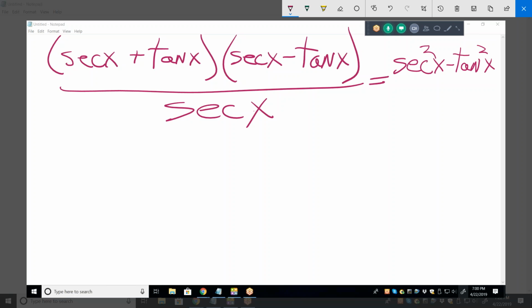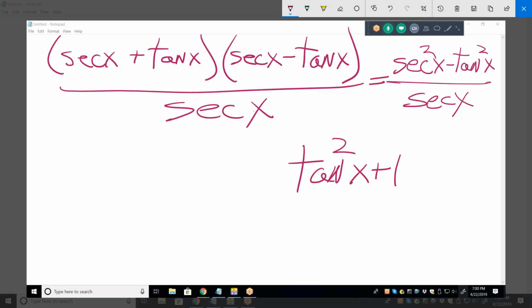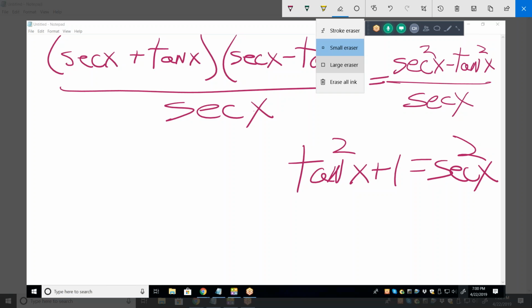That's the numerator. Now, the other identity that you really need to remember is tangent squared of x plus 1 equals secant squared of x. So what does secant squared of x minus tangent squared of x equal? 1.